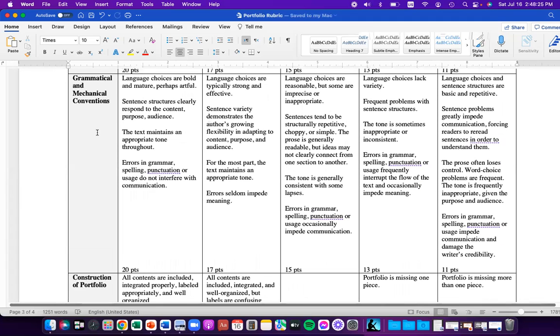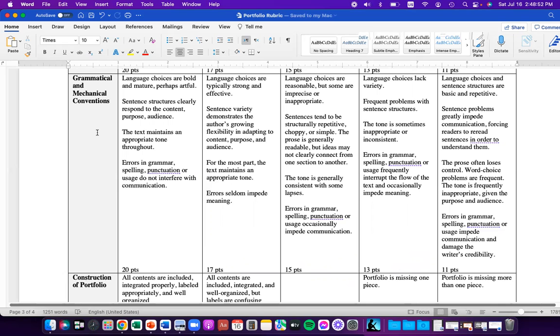Grammar and mechanics, that's something that I haven't been grading you on, not strongly at least. I've been grading you on things more like your language choices and style, but I haven't been grading you over grammar, spelling, punctuation, those types of things. So this category includes a lot like style, but also grammar and mechanics.